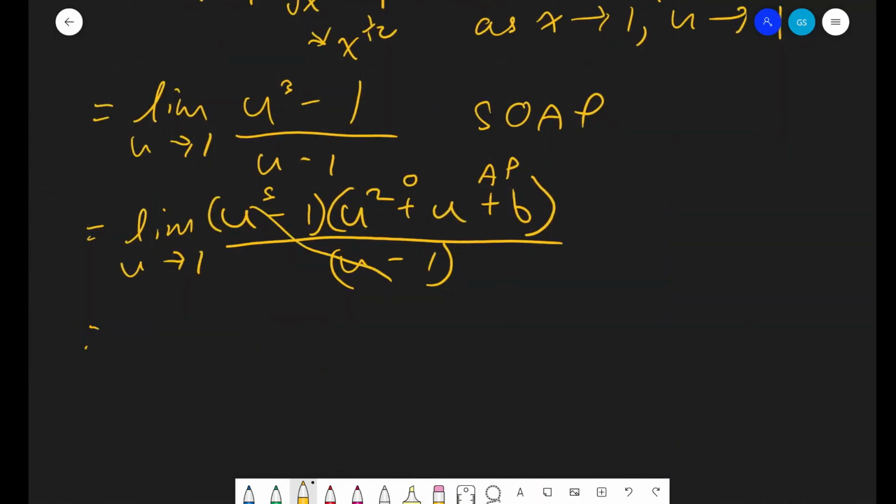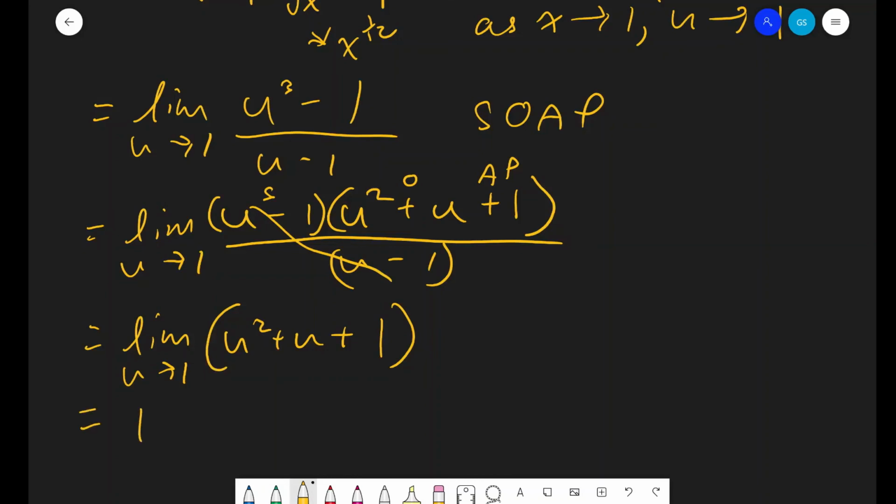I ultimately end up getting the limit as u is approaching 1 of u squared plus u plus 1. And then we just plug in 1, so 1 squared is 1, plus 1, plus 1, which gives us 3.